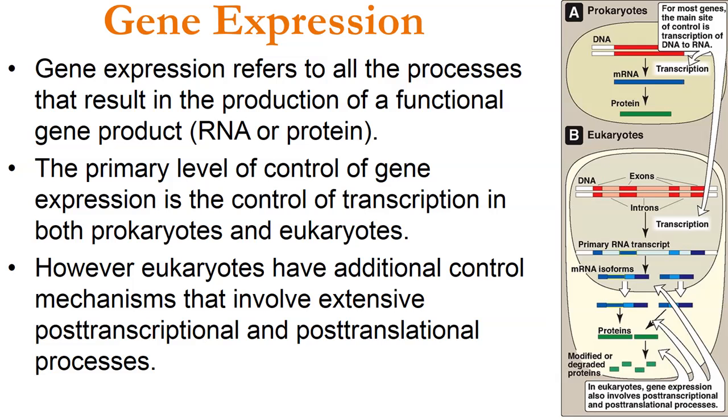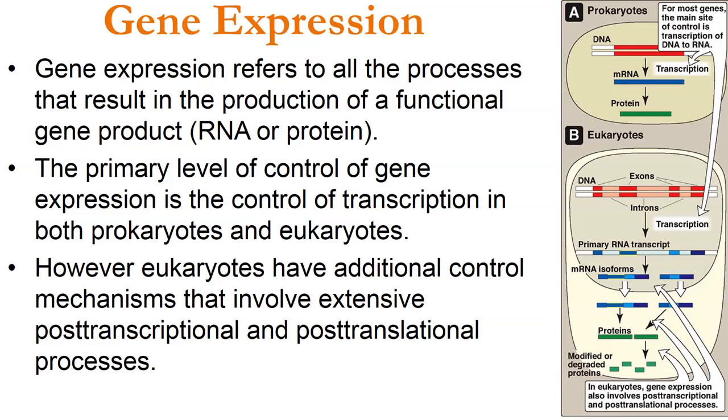Those are all part of gene expression, because ultimately what you want at the end is a mature protein that's going to perform some function. So any event that can affect that is part of gene expression.